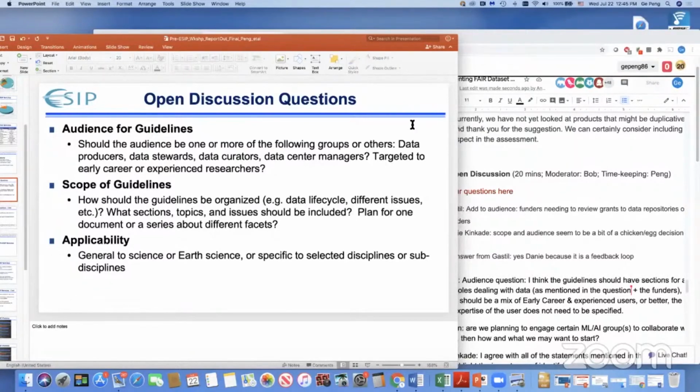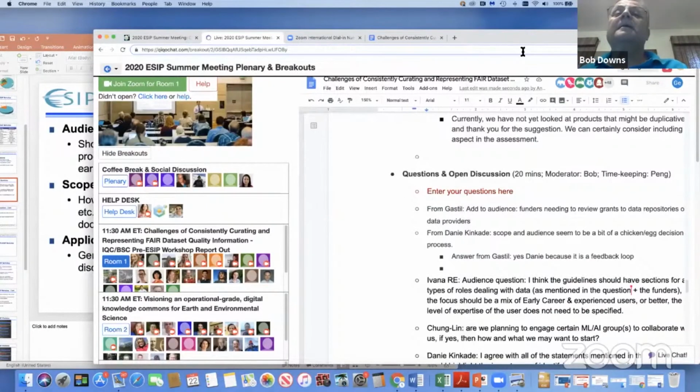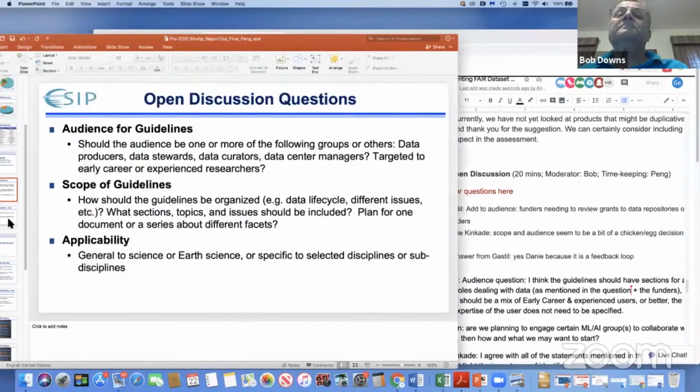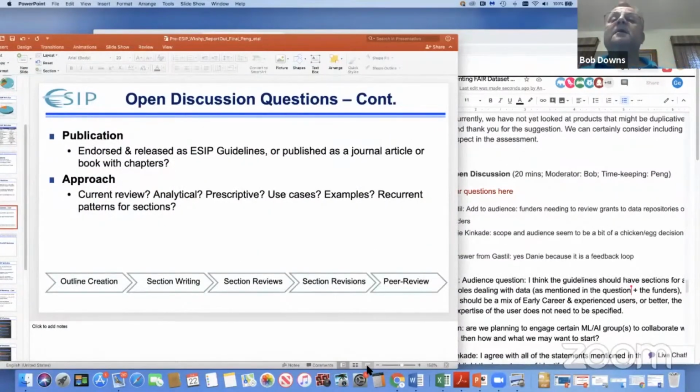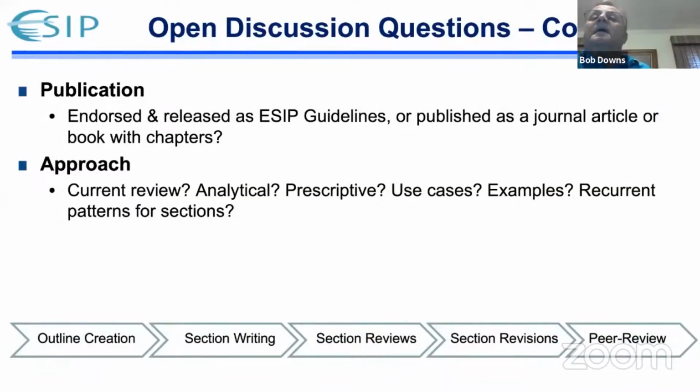Okay, so let's quickly go to the next slide. Regarding the publication process, should we just have these endorsed and released as ESIP guidelines, perhaps on the ESIP Commons or the publishing platform that ESIP's using?